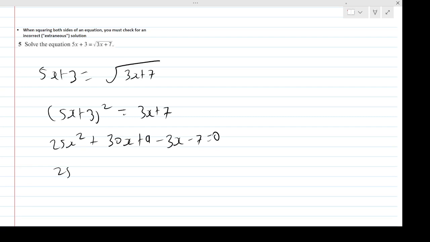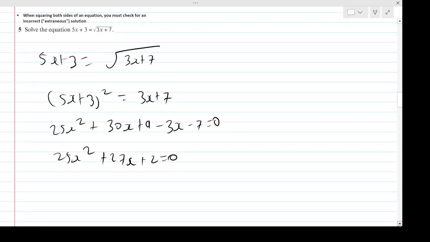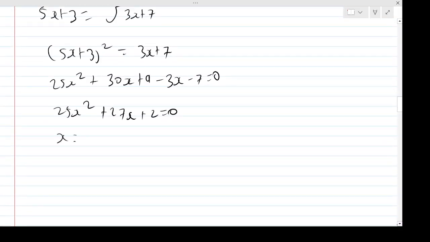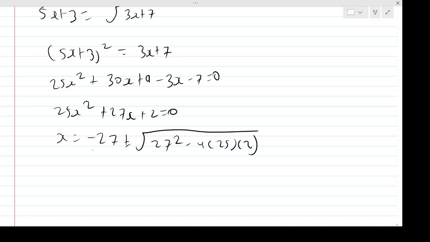So then 25x squared, add 27x, add 2 equals 0, then I can solve that. Let's note down the formula to show my working: minus 27 plus or minus the root of 27 squared, take away 4 lots of 25 of 2, all divided by 2 times 25. So then I get the solutions x is minus 2 over 25 or minus 1.